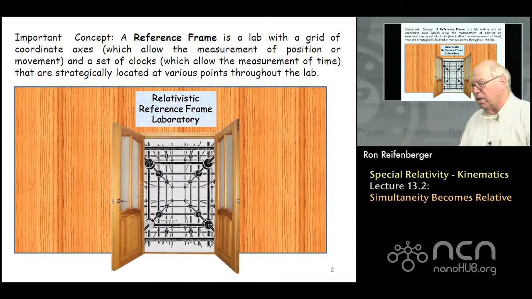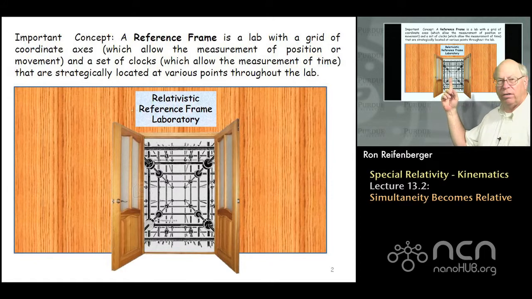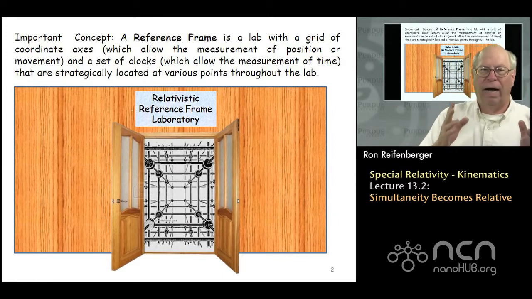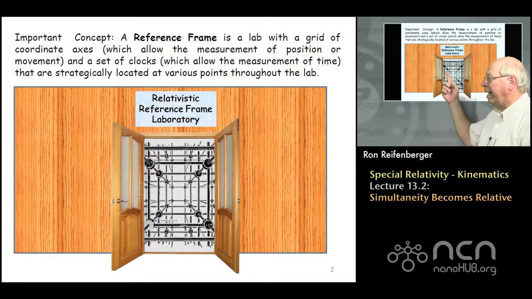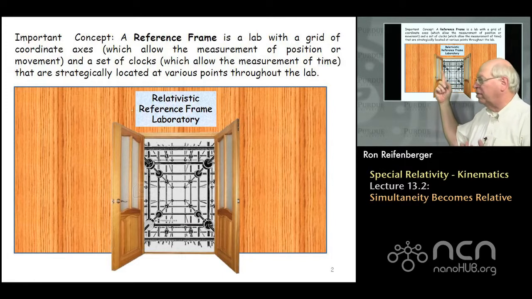It has to contain some sort of a grid that allows you to measure positions conveniently at X, Y, and Z. And at each point in that grid, you also have some sort of a clock that can measure times that occur at that particular point in the grid.